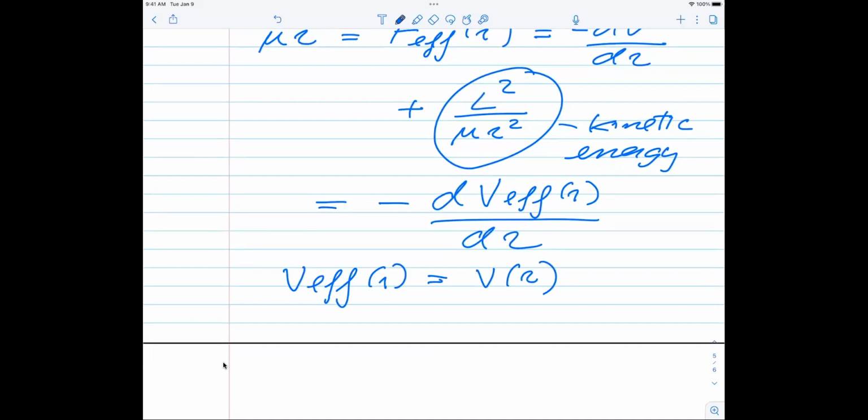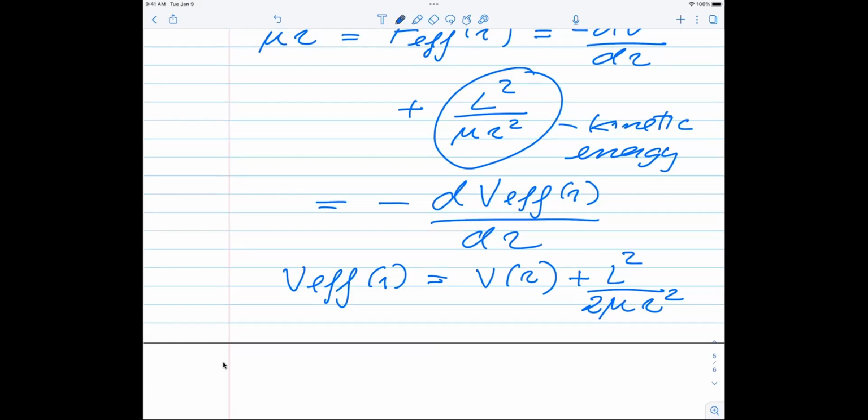But then we integrate up this quantity as a function of R, and we leave out the constants because everything is scaled with respect to some kind of level. When we integrate up, we get a term which goes like L squared divided by 2 times mu, multiplied with R squared. If you take the derivative of that one in the negative, you will get back the term which we had in the equation for the force.